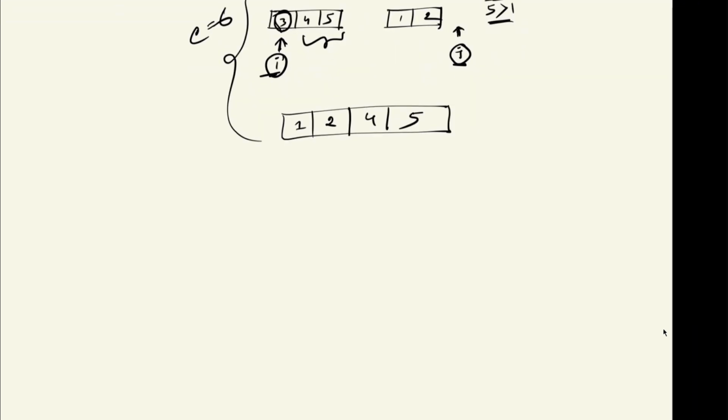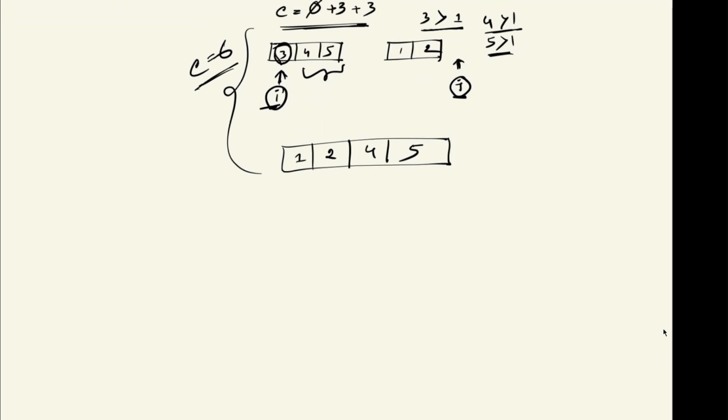So let's see if it's correct or not. Let's say we have an array like 3, 4, 5, 1 and 2.